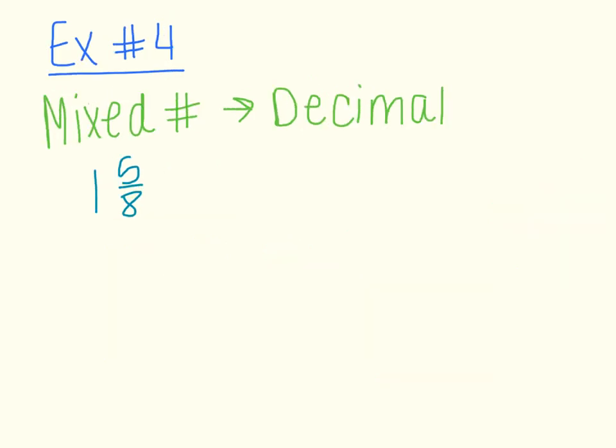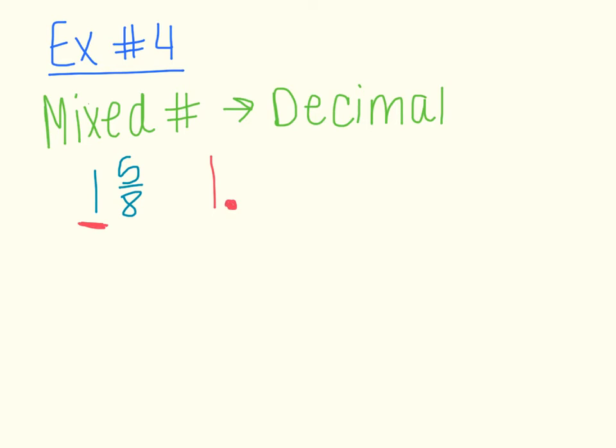Our last example, going from a mixed number to a decimal. Again, my whole number is going to stay the same, so I'm going to have 1 and something.